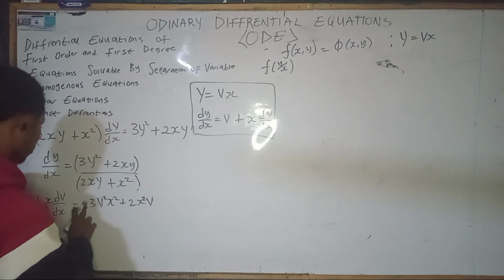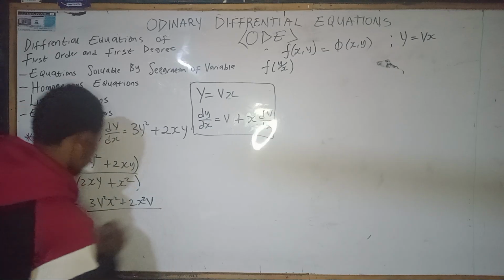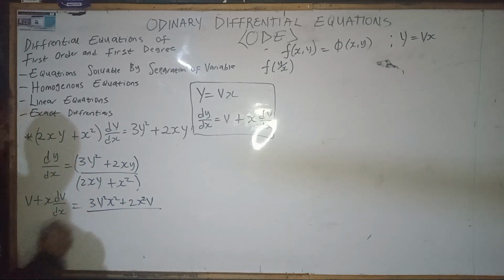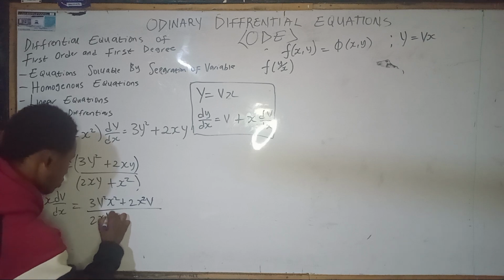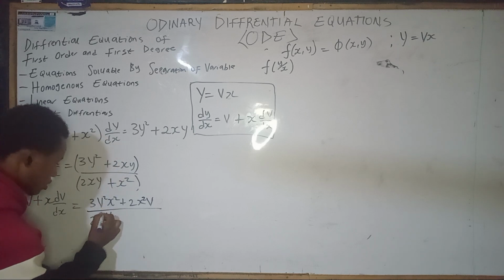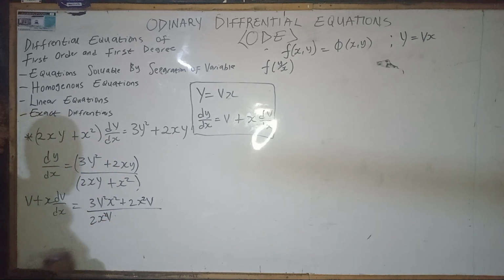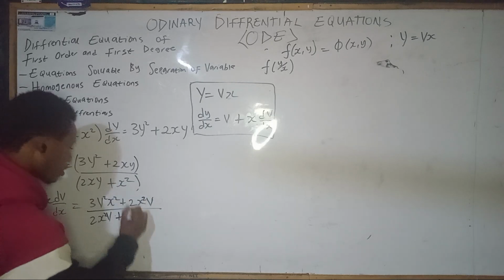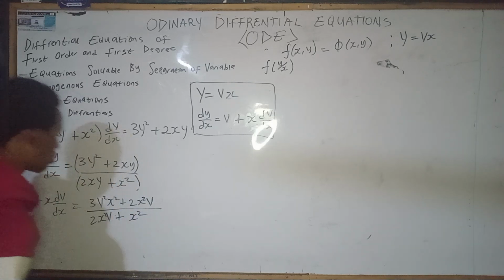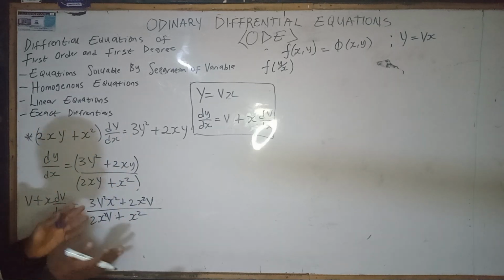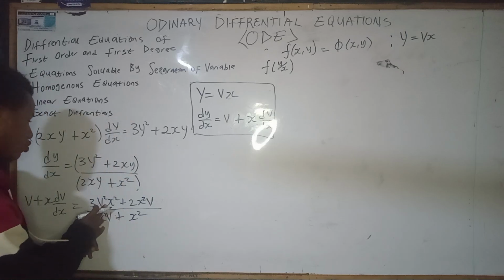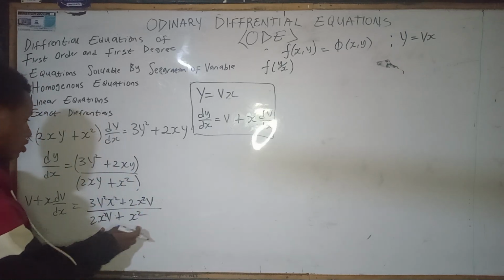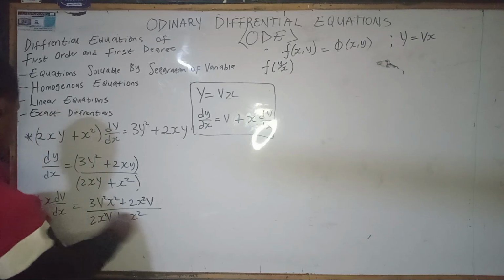So let's remove the bracket for now. Over 2xy, we have 2 times x. Our y is equal to vx, x times x here, that is x squared. So we have plus our x squared just going to remain there. So now what we see is that something is common in both numerator and denominator. We have x squared here, x squared here, x squared here, x squared here. So we can just bring that x squared out.